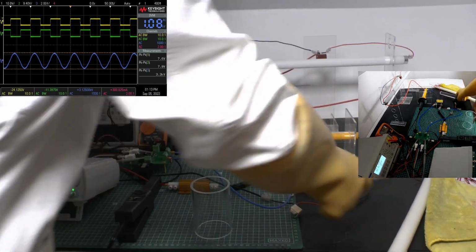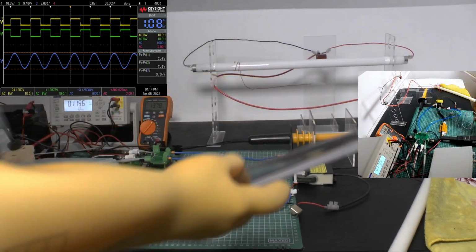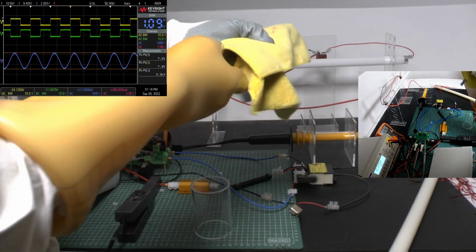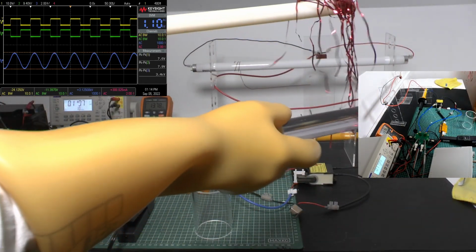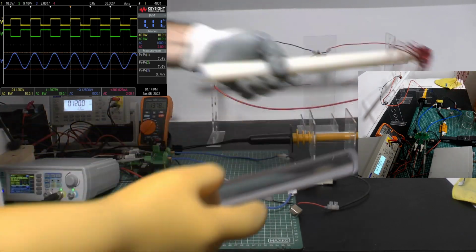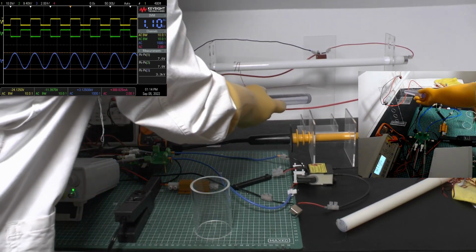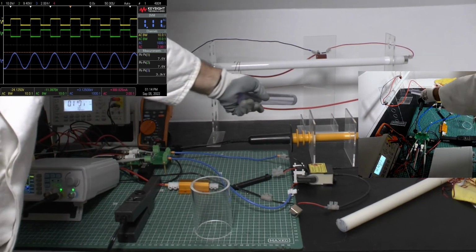So if you take this rod here, it does not. If I rub this one, that should be quite strong. Let's see. Yes. Kind of. Let's see if it works. The hand.